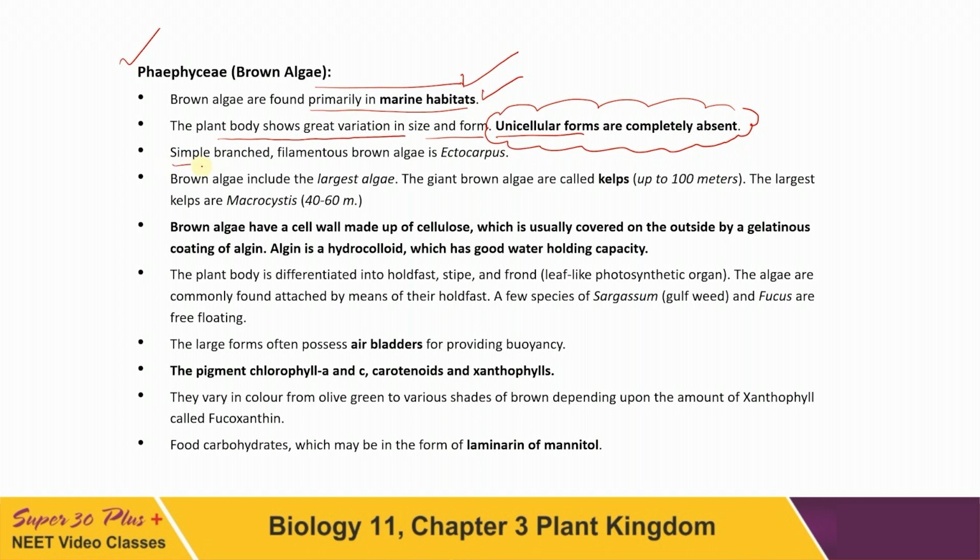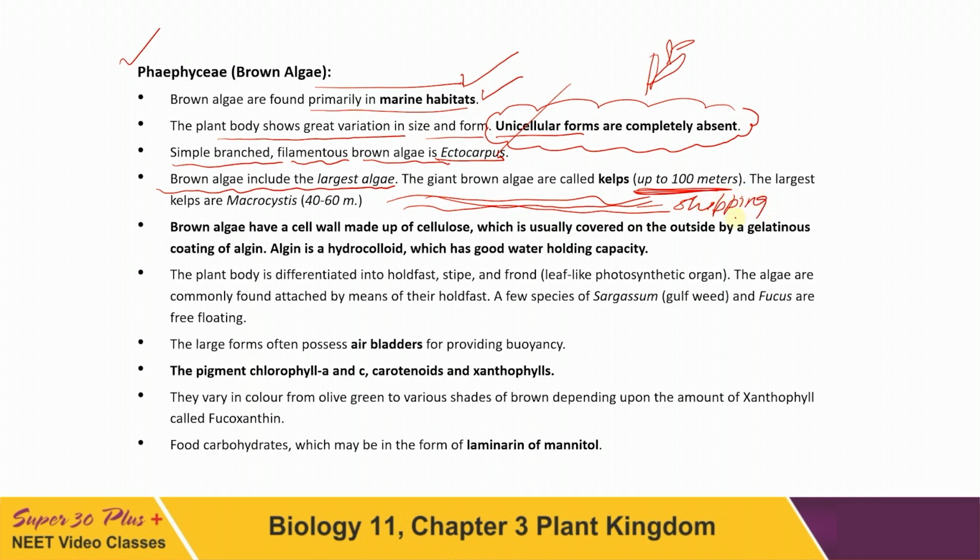There are simple branched filamentous brown algae, Ectocarpus. Ectocarpus is simple like this, and very well branched like this. But most of the brown algae include the largest algae. They may be even 100 meters in length, and in the sea they are very large in size and create problems in the shipping industry.